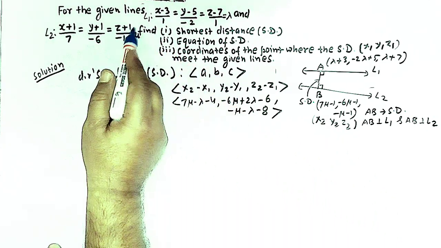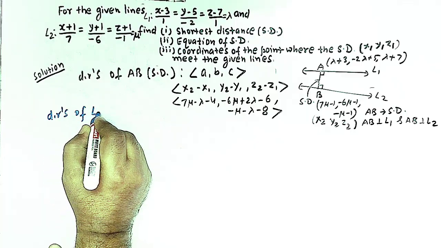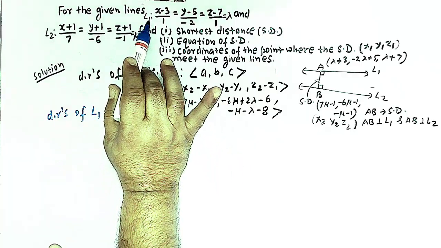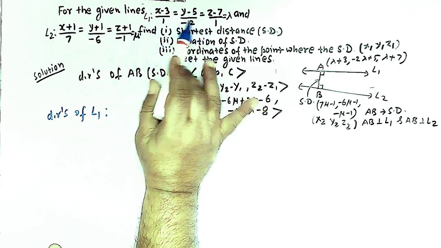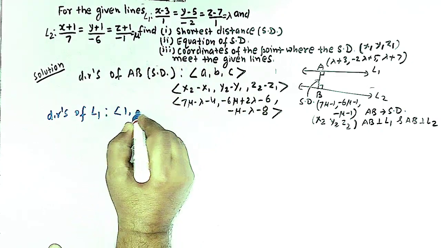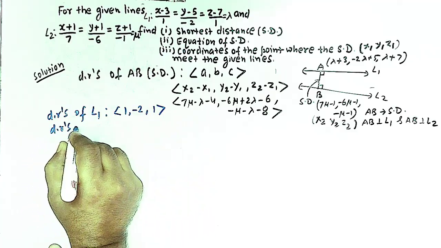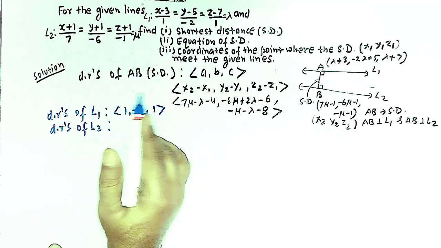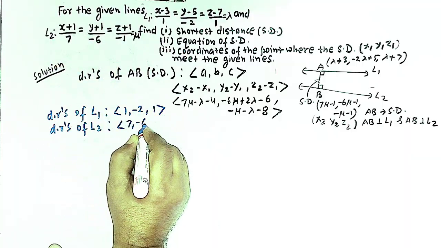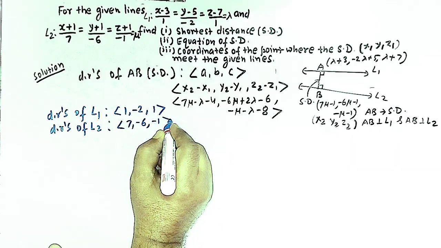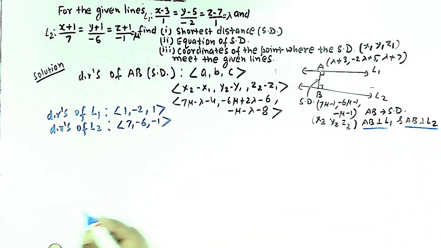So now let us write the direction ratios of the line L1, right? The direction ratios of this line L1 are given by these three numbers, that is 1, minus 2 and 1, and the direction ratios of L2 are given by these three numbers, that is 7, minus 6 and minus 1, right? So let us now make use of these two conditions.